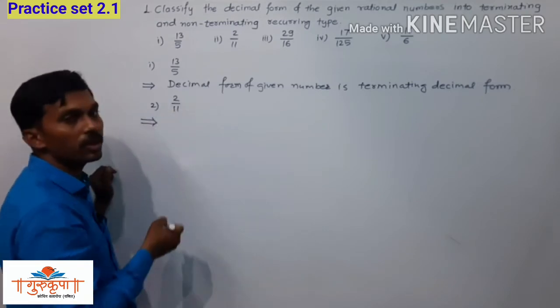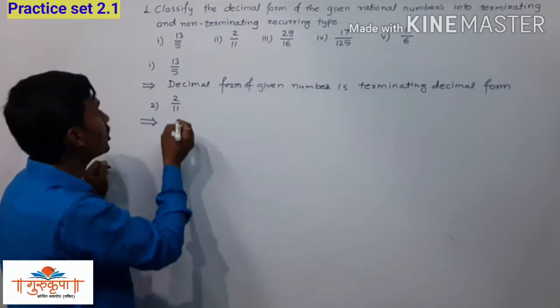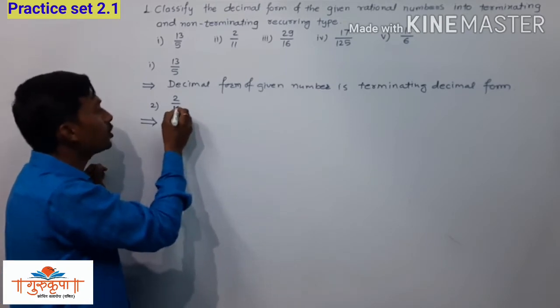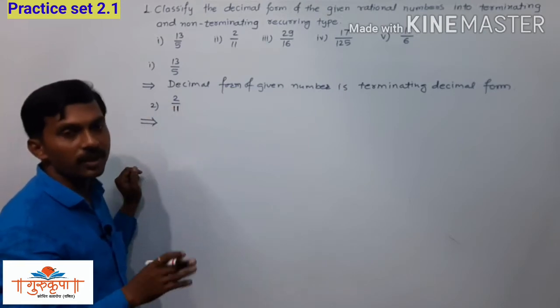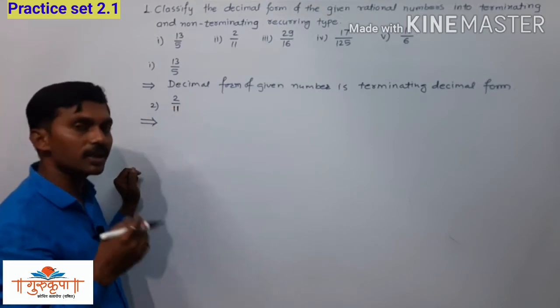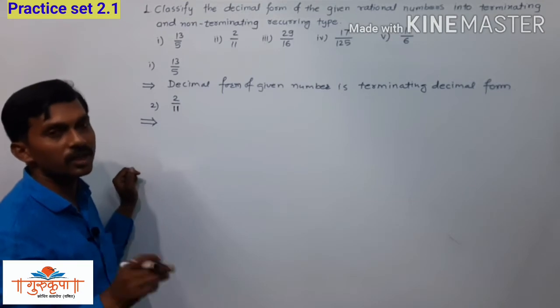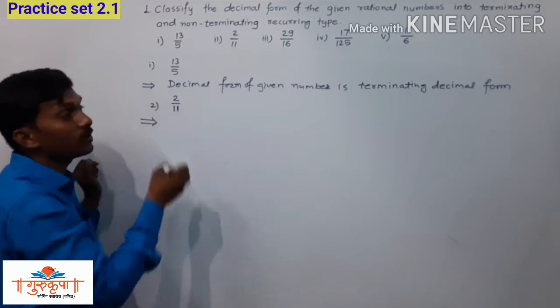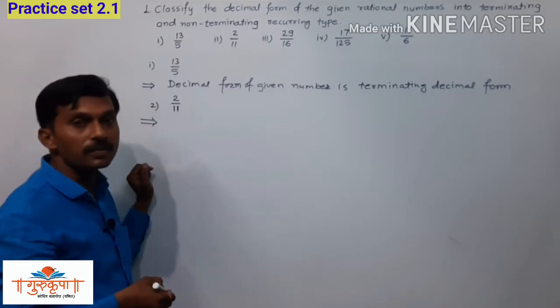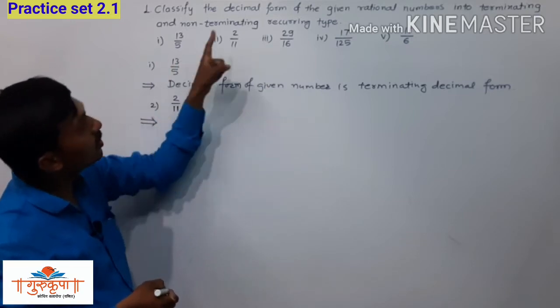Numerator is not exactly divisible by denominator. Now find the prime factorization of 11. Since it is prime number, the prime factors are not there, or you can say it as 11 into 1, but 1 is neither prime nor composite. So here definitely this number is non-terminating recurring decimal form.